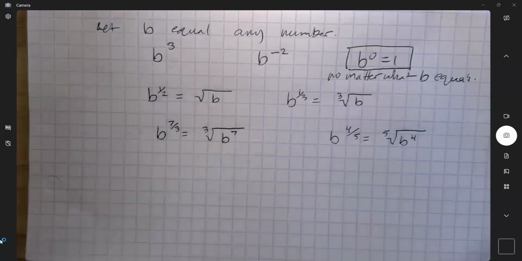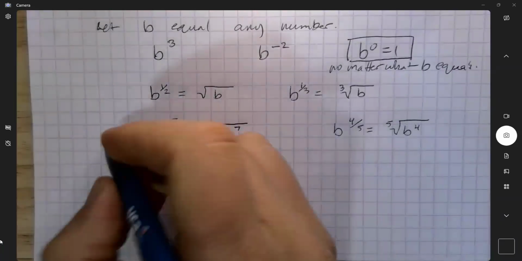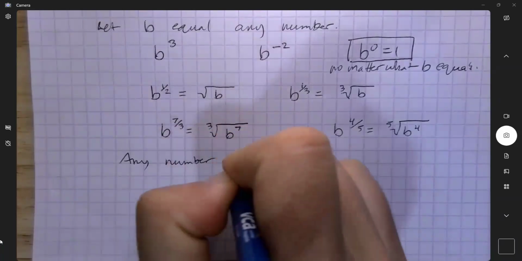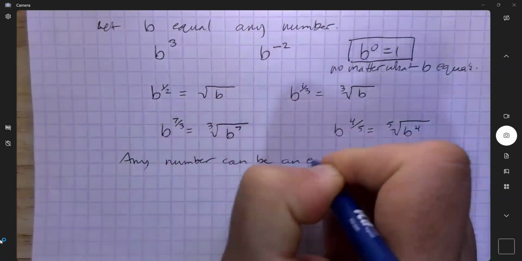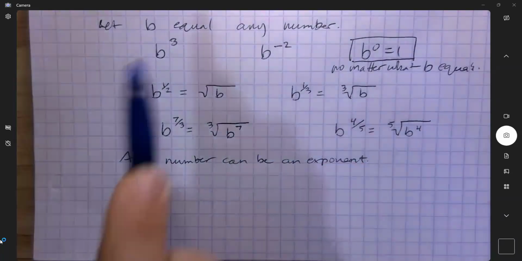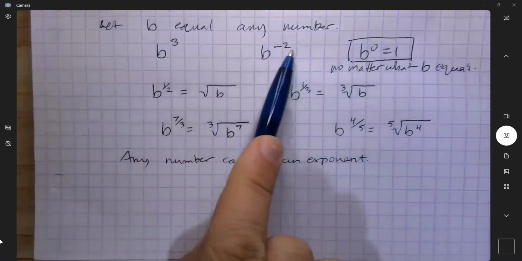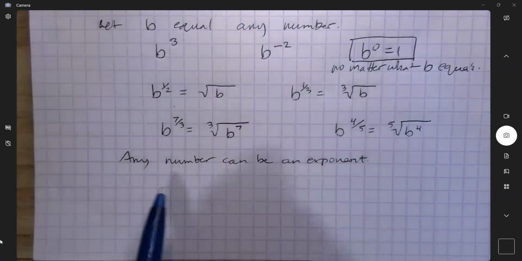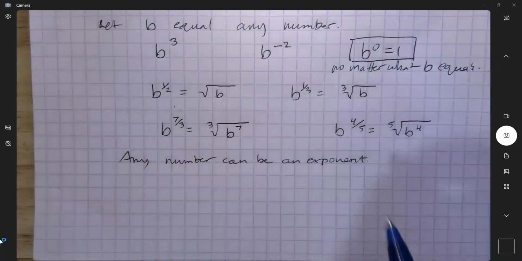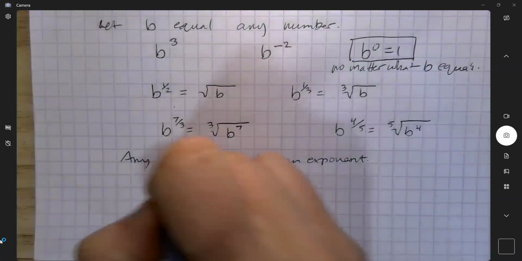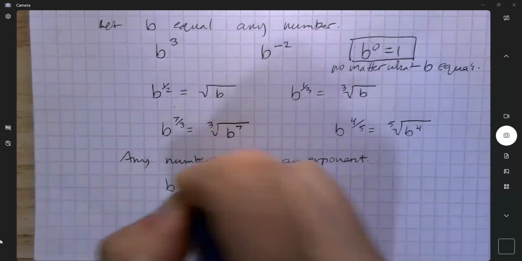Any number can be an exponent. We're mostly going to work with whole numbers, positive or negative integers, and occasionally some fractions. We don't work with super crazy numbers. Decimals on occasion, we'll work with those. So B to the 0.7, there's nothing wrong with that.